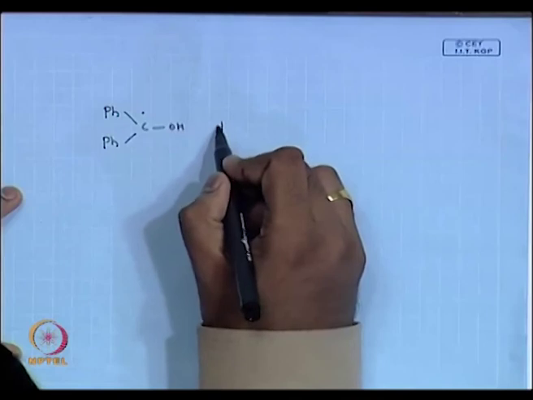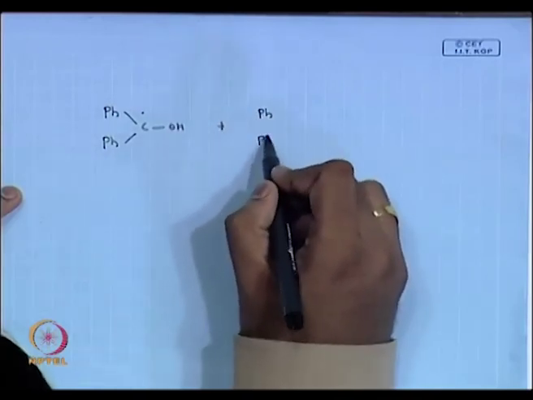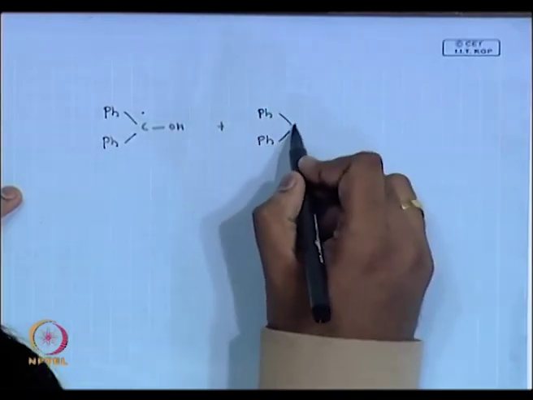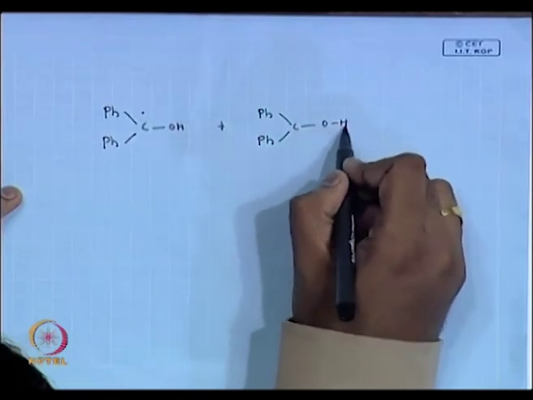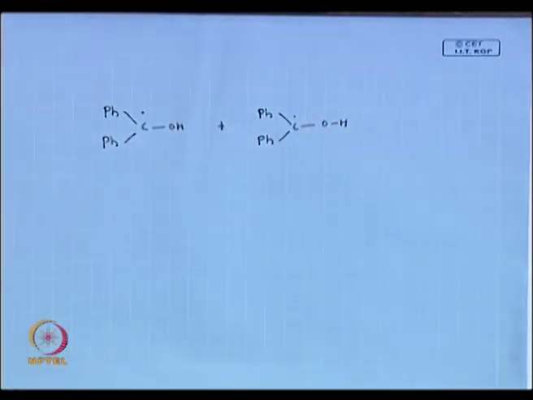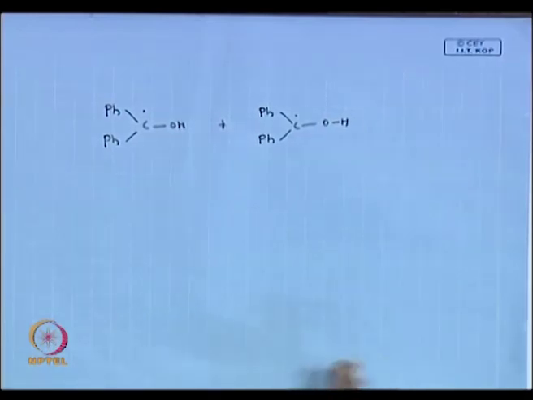plus the other radical. You get to these radicals, right. So this can recombine, and you can see a C-C bond formation happening here.